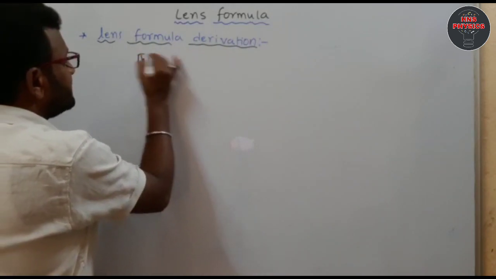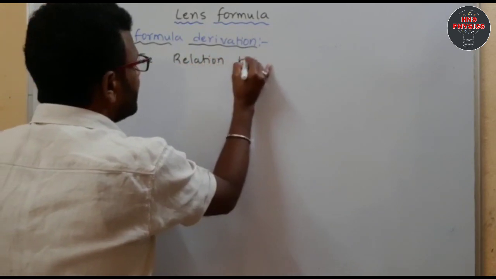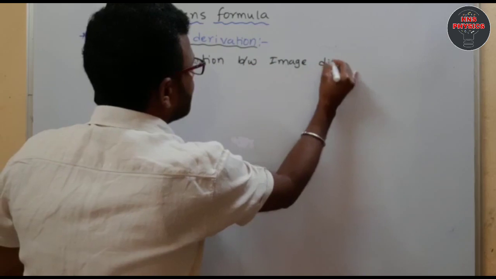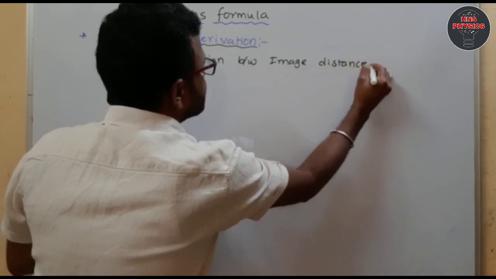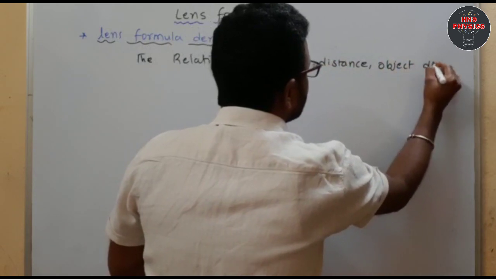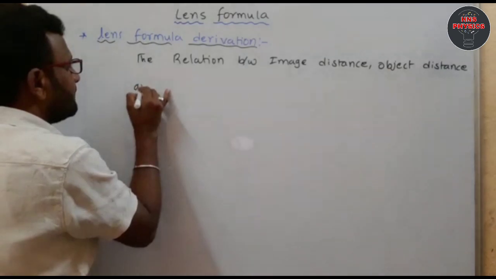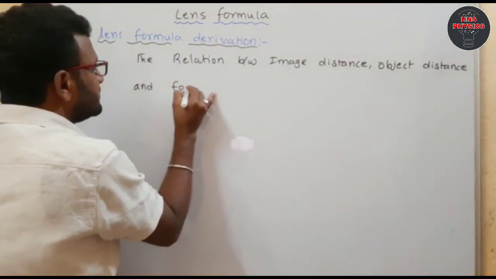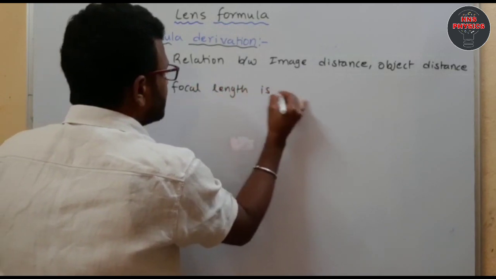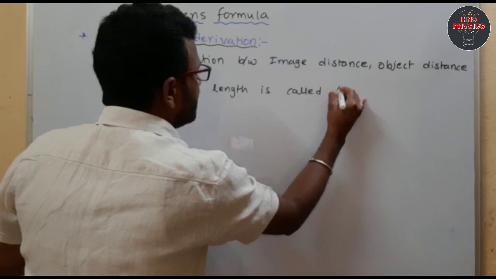The relation between image distance, object distance and focal length is called the lens formula.